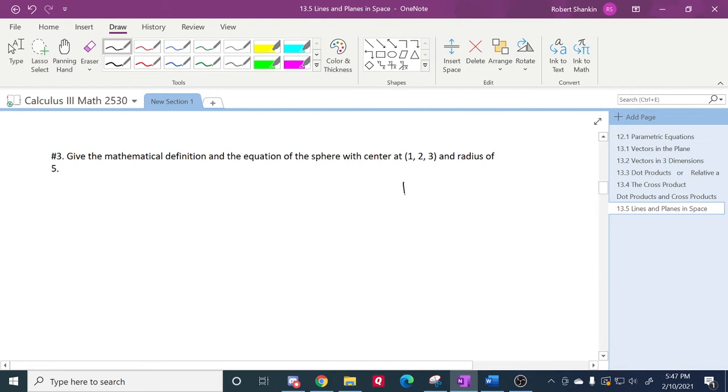Okay, I'm going to draw a quick picture. And I go up 1, go up 2, go up 3, and I have straight up from this point, there's the center. And there's the point, 1, 2, 3.